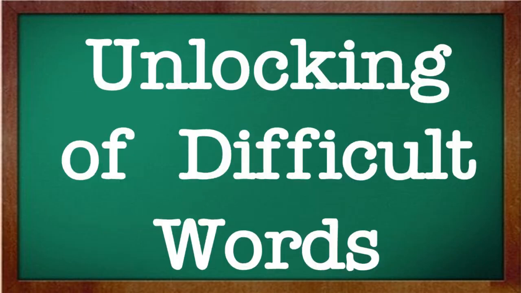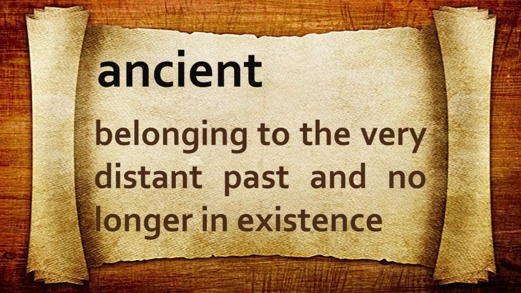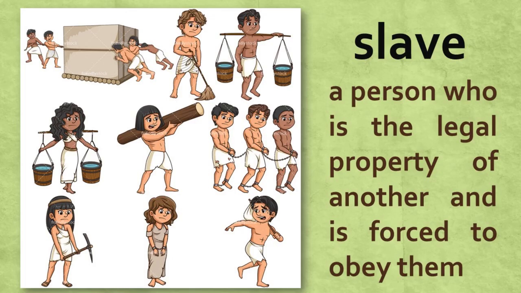Before reading the story, let's know the following words. Ancient, belonging to the very distant past and no longer in existence. Slave, a person who is the legal property of another and is forced to obey them.